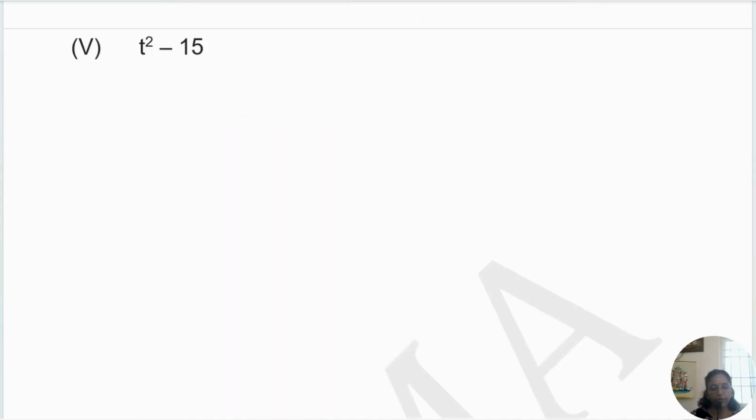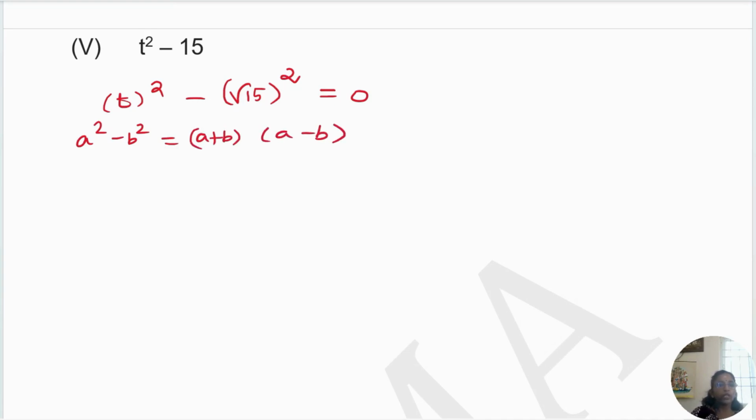And coming to the fifth subdivision, t square minus 15. So this can be written as t the whole square minus root 15 the whole square equal to 0. So you can use your a square minus b square formula. So a plus b into a minus b. So now our equation can be written as t plus root 15 into t minus root 15 is equal to 0.